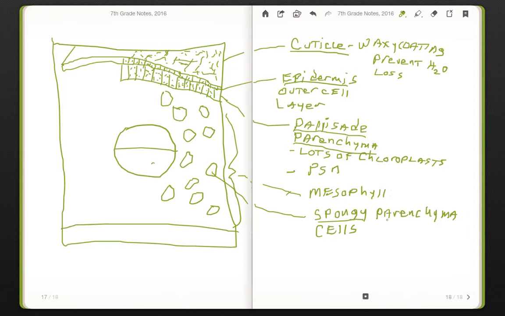And the spongy parenchyma cells, their function is for gas exchange. So carbon dioxide gets converted into oxygen. That's where that chemical reaction happens.